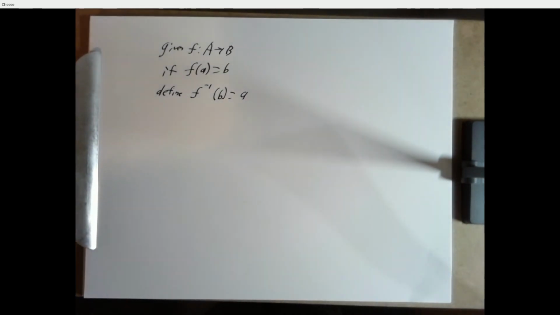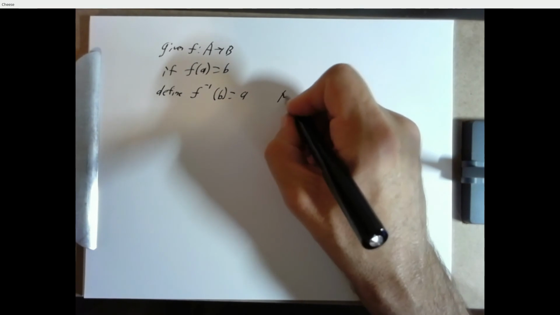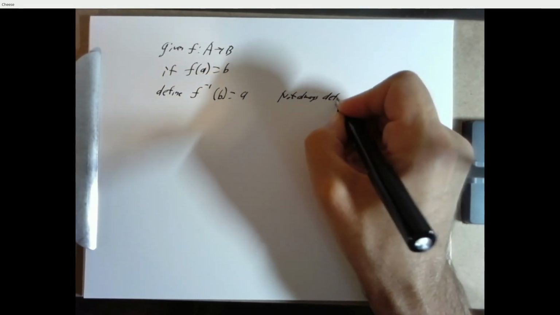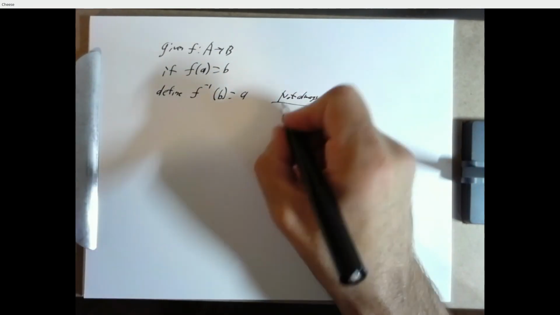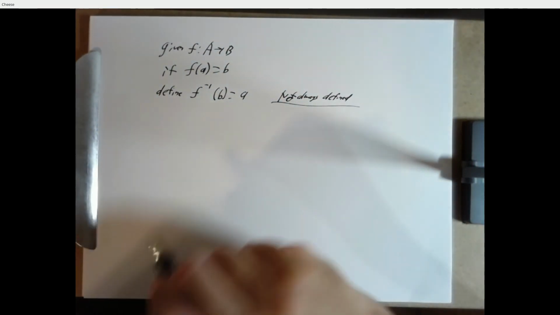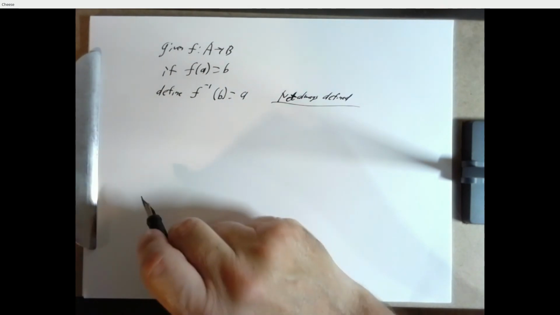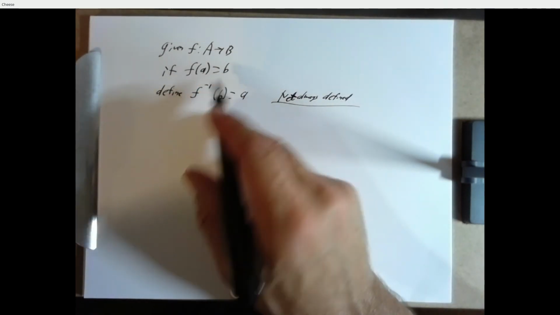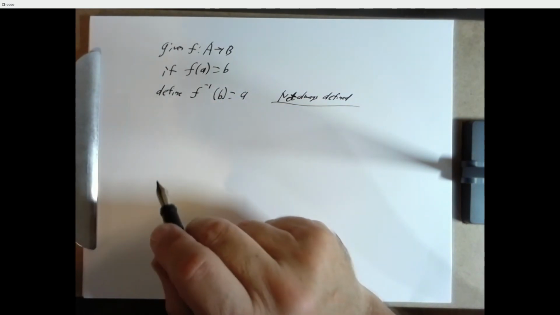So it basically reverses the arrows. But this is not always defined. And we'll see some examples in our homework as to why this may or may not actually exist. But if it exists, the property is that if f takes a to b, f inverse takes b back to a.